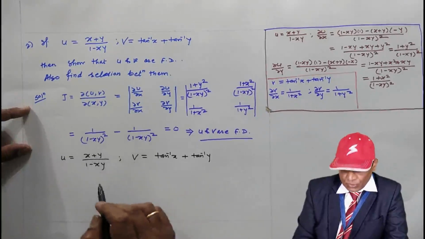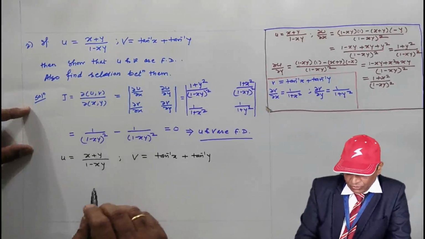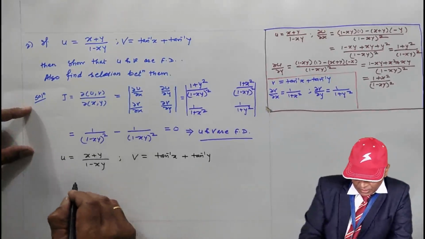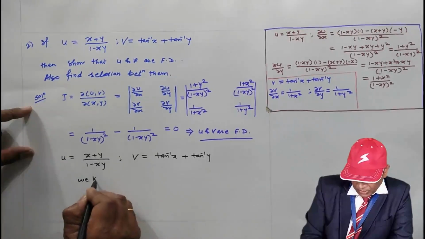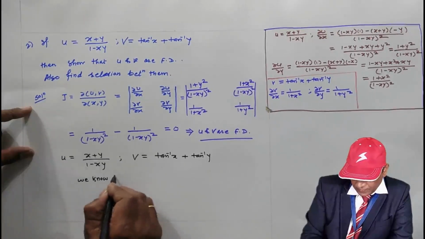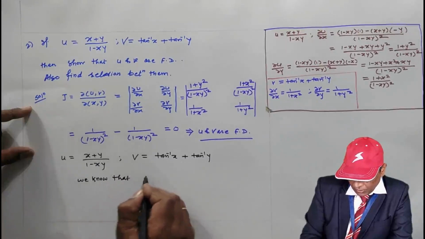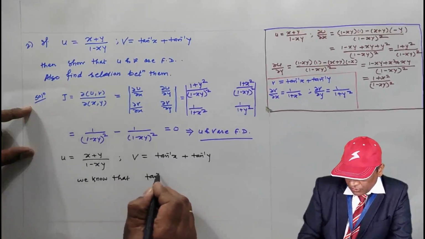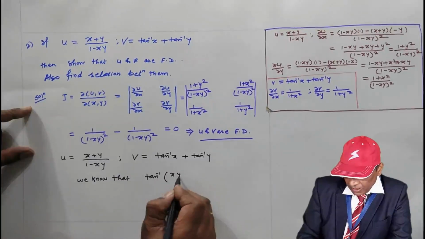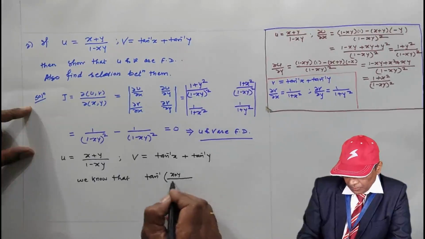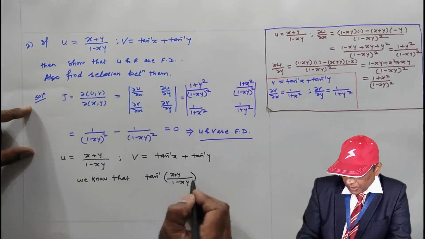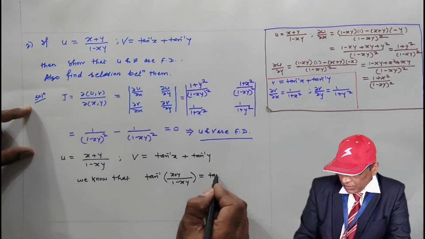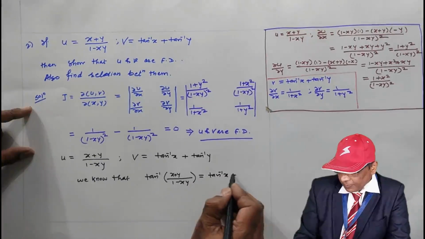So in this case we use the formula: tan inverse of (x plus y by 1 minus xy) is equal to tan inverse x plus tan inverse y.